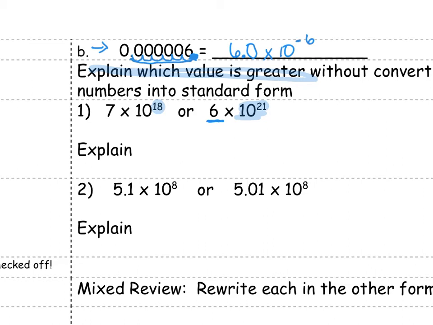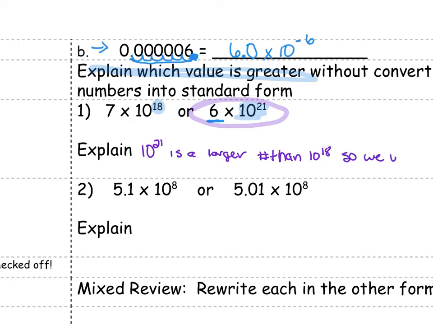So this would be the greater number because 10 to the 21st is a larger number than 10 to the 18th.